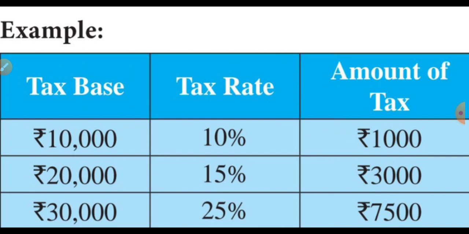Likewise, rupees 30,000 income means 25 percent tax, that means rupees 7,500 to pay. This is an example of progressive tax.